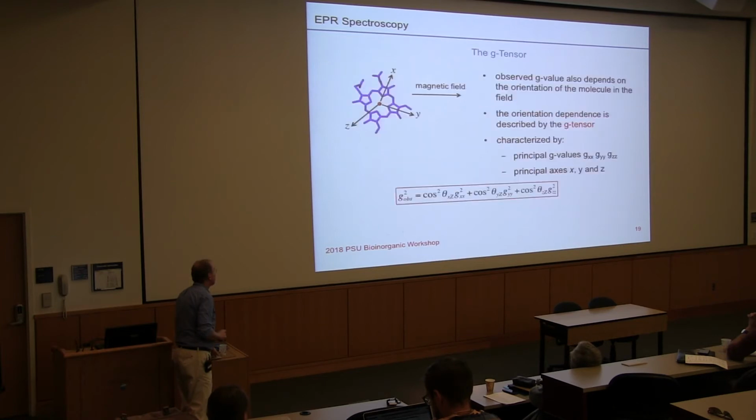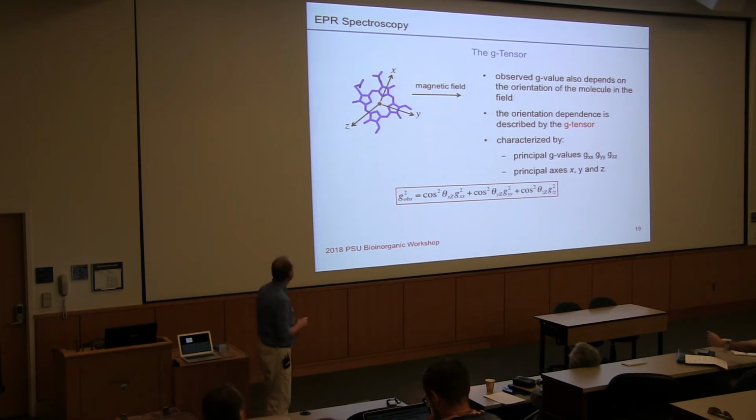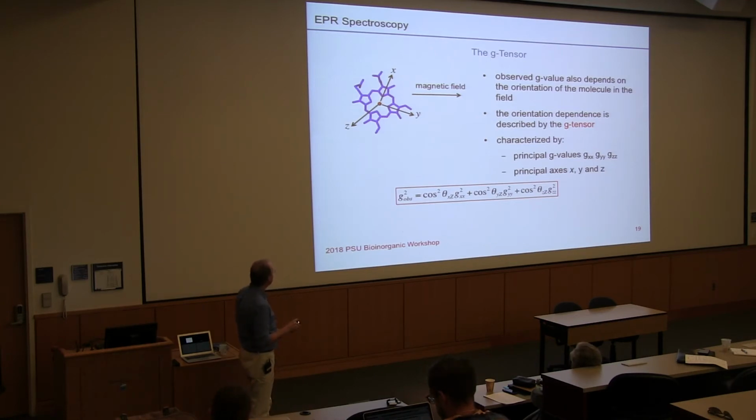So where the fact that we were dealing with frozen samples usually comes into play is that these G values, so the position in the spectrum where the signals will occur, depend on the orientation of the molecule in the magnetic field, right? And so in order to describe that, we have to use a tensor, so a matrix of numbers, rather than just a single value.